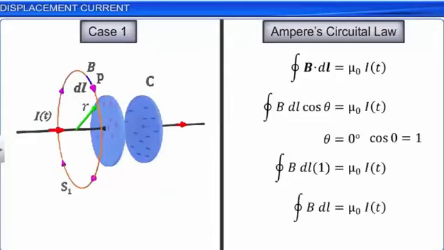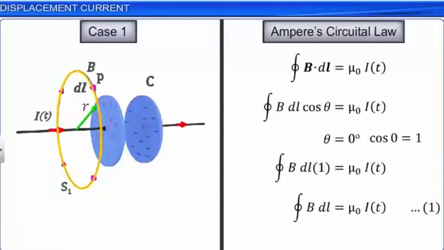The circular loop is symmetric with respect to the conducting wire. Hence, the magnitude of the magnetic field is constant at any point on the circumference of the circular loop.